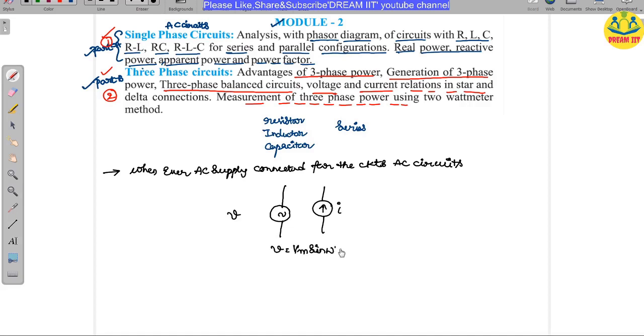This is the entire introduction of single phase circuits. After that we will have three phase circuits. First we will start with the analysis when you connect an AC source to R, L, C, then the RL combination, RC combination, and RLC combination. So let us move.